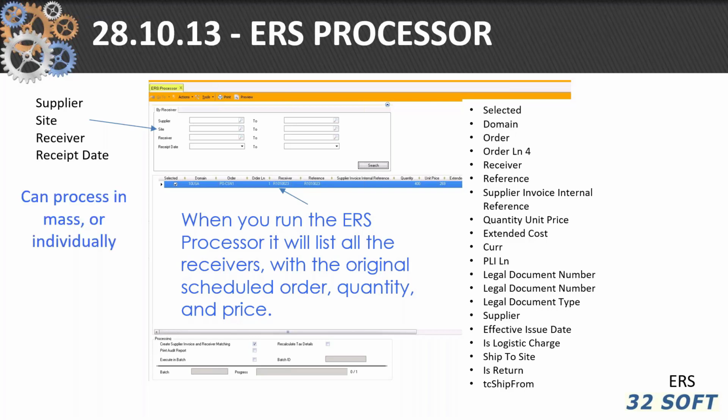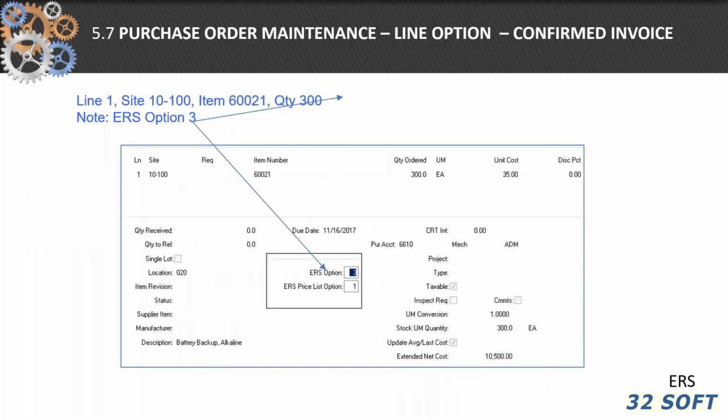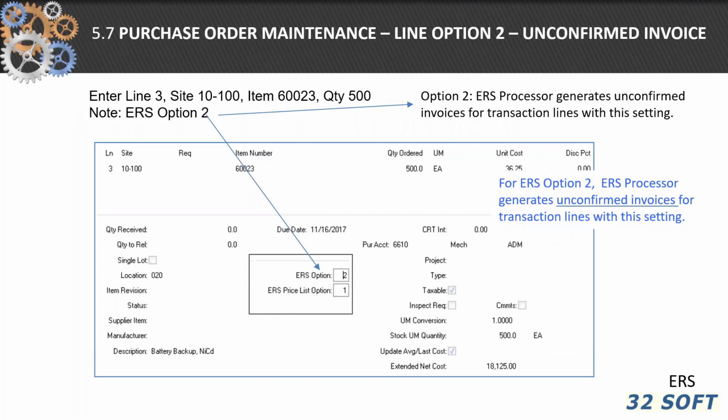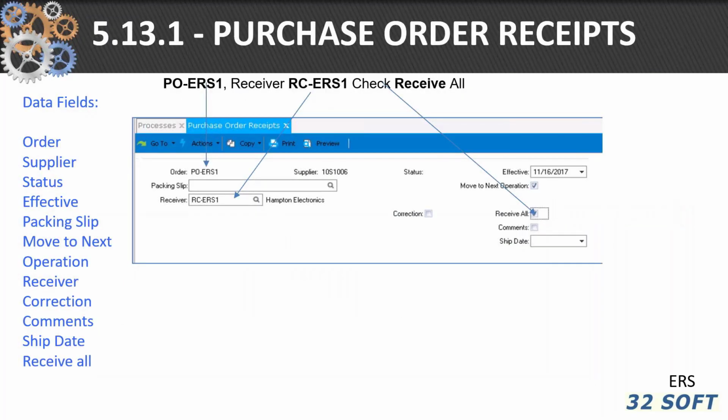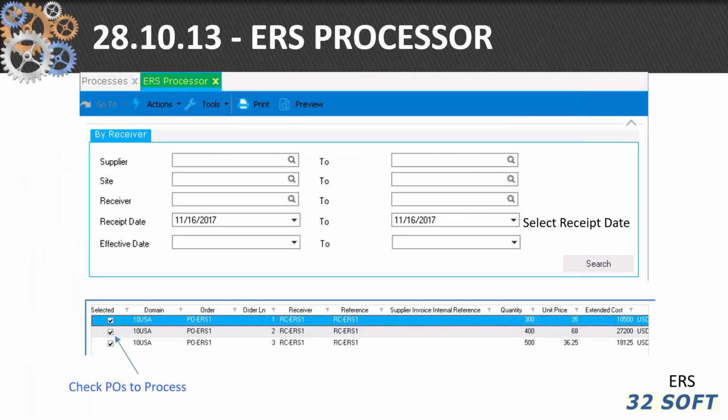You can do it individually, in mass. The purchase order, here's an example. We've got an ERS option number 1. So this says that the confirmed orders are going to be generated automatically. If you use 2, then you're going to basically put a step in the process that allows for a confirmation of that invoice. And then you're going to receive the parts in the normal 5.13.1.